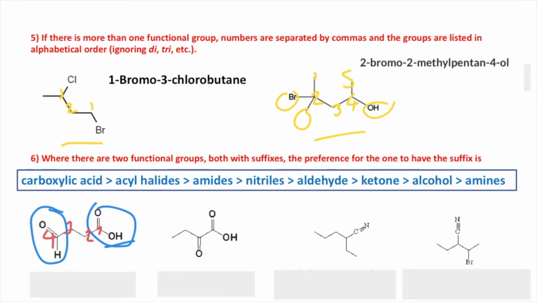And we're going to start by putting the carbon number 1 on the carbon where the carboxylic acid is. So the stem of the name is going to be but because of the 4 carbons, and it's going to end in oic acid, so it's butanoic acid. And then because I've got an aldehyde, I'm going to put oxo at the beginning of it, so it becomes 4-oxobutanoic acid.